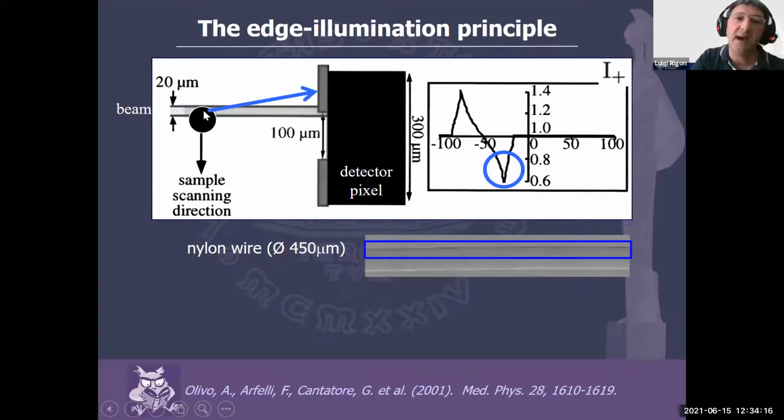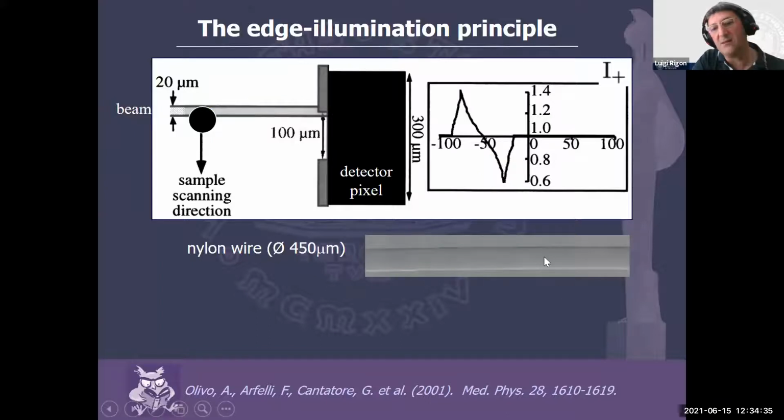So the nylon wire will throw out photons that normally would have been detected by the pixel. So you have a negative peak, which translates into a negative band here on the image. And you see this image is very similar to the ones that we have shown before with analyzer-based imaging. So basically, we are now sensitive to refraction and also to ultra-small angle scattering.